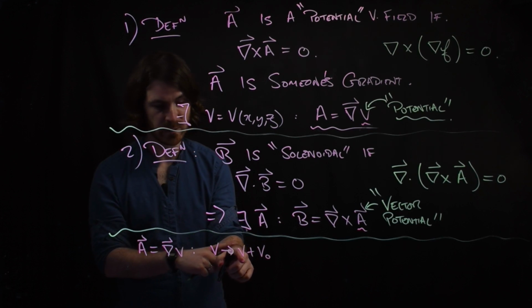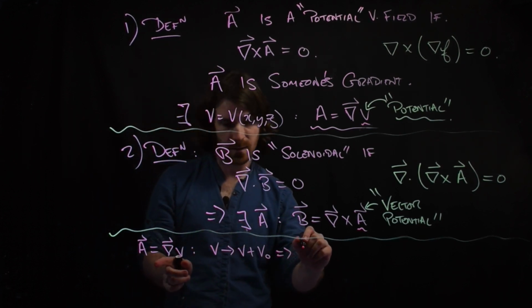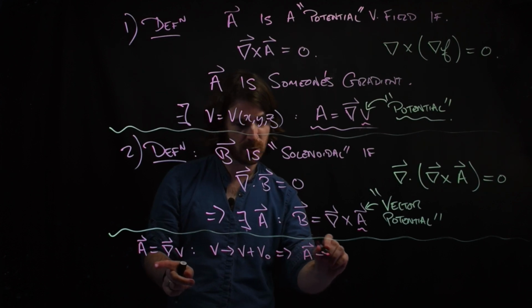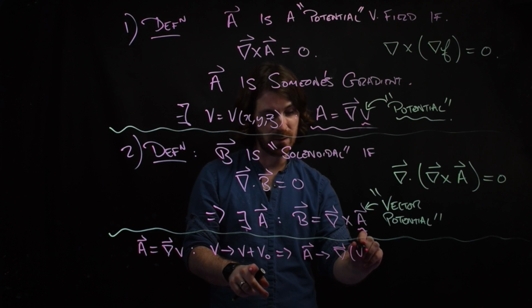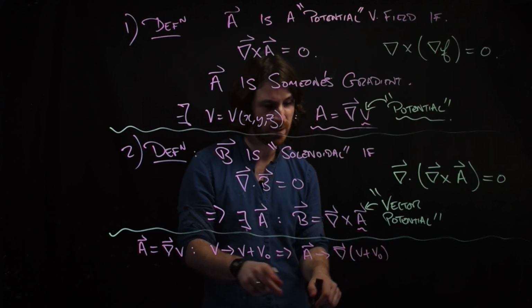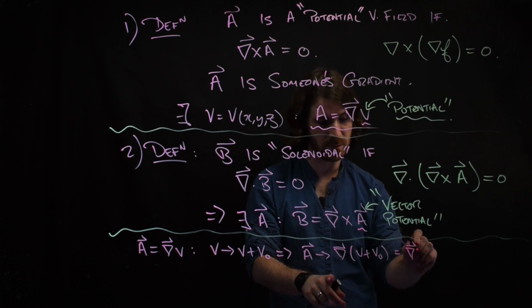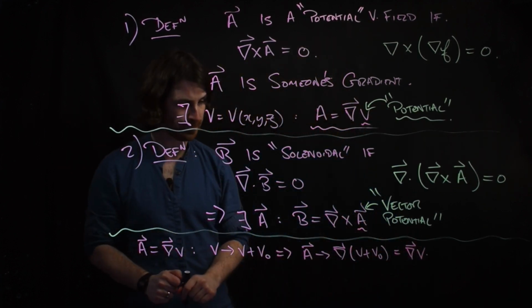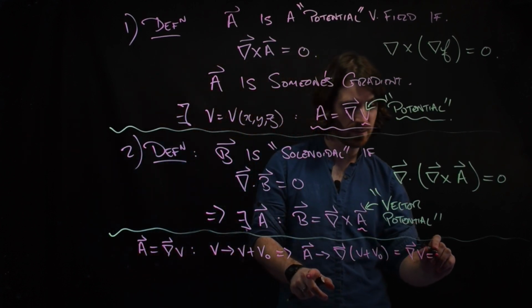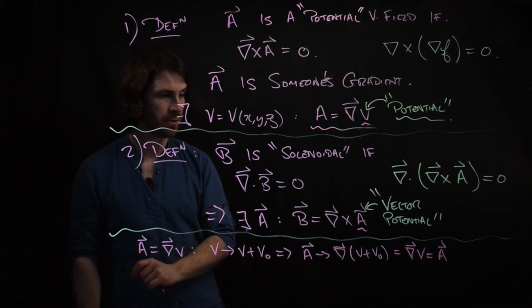This V depends on x, y, and z, but V0 is a constant. Then A goes to the gradient of V plus V0. But the gradient of V0 is just 0, so this is the gradient of V, which is unchanged. So A remains unchanged under addition of a constant.